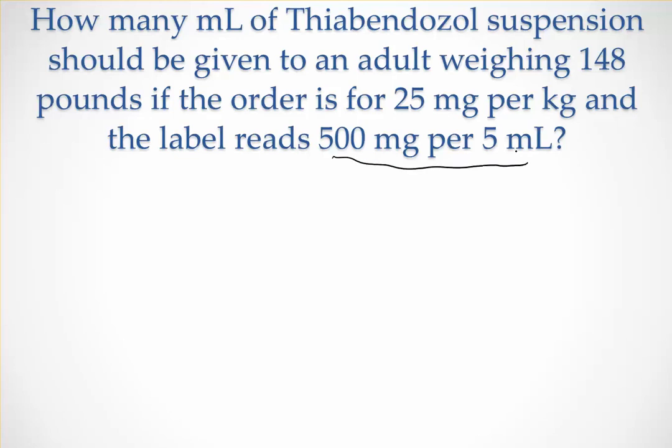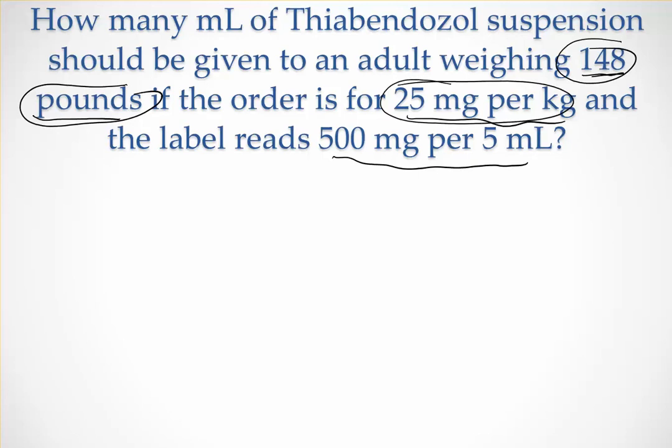So we have really 3 pieces of information. We have a patient's weight. Some pharmaceuticals will take into consideration the weight of the patient, while others may not. This one does. The order is for 25 milligrams per kilogram, and the label reads 500 milligrams per 5 milliliters.